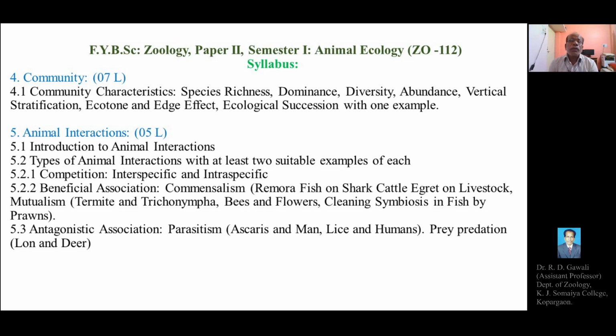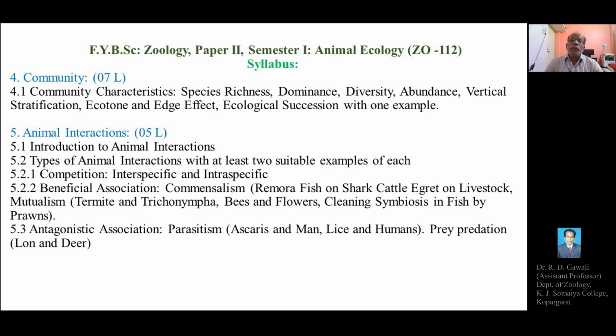This will also include subpoints, that is introduction to animal interactions, then types of animal interaction with at least two suitable examples of each. Then the next point is competition. There are two types of competition, that is interspecific and intraspecific competition.